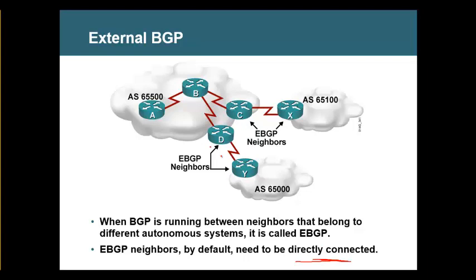Of course they are directly connected. This is not the complete meaning, but this is okay for now. So eBGP neighbors need to be directly connected by default. See, the word default is used, which means there is an option for you to have a neighbor even if it is not directly connected.